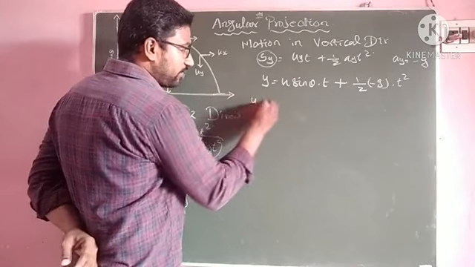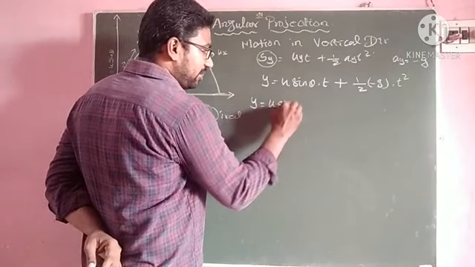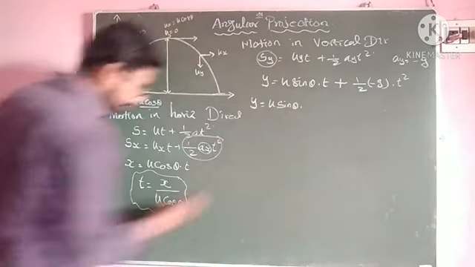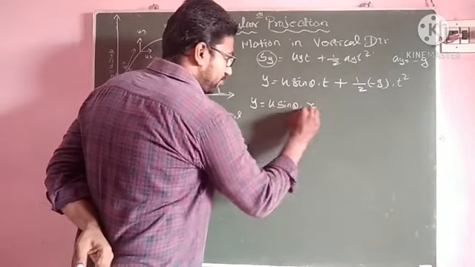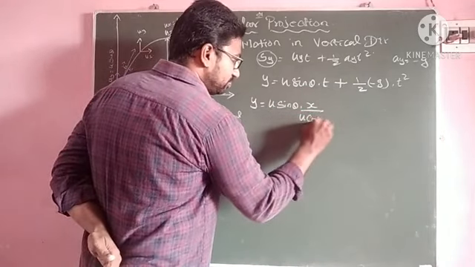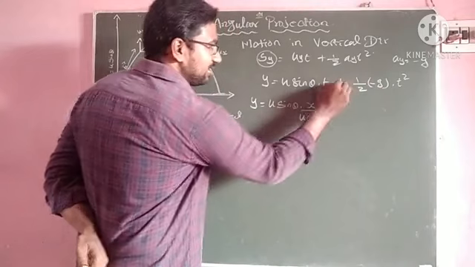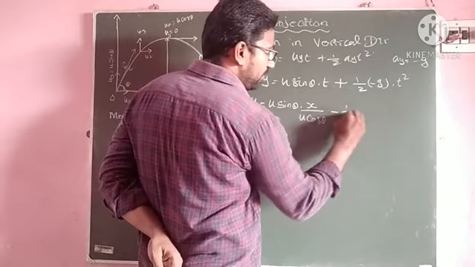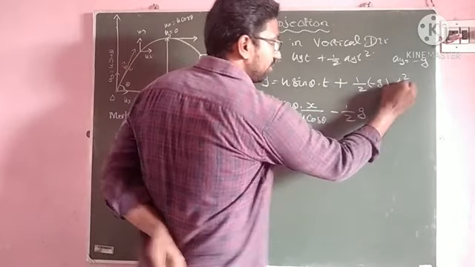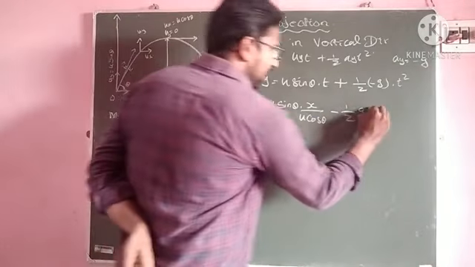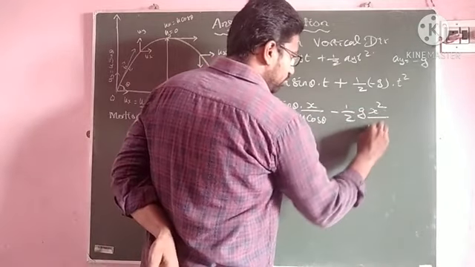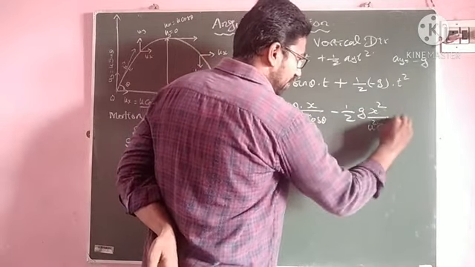So y is equal to u sin theta. The value of t is x divided by u cos theta, minus 1 by 2 g, and what is the value of t here? x square divided by u square cos square theta. Am I right?